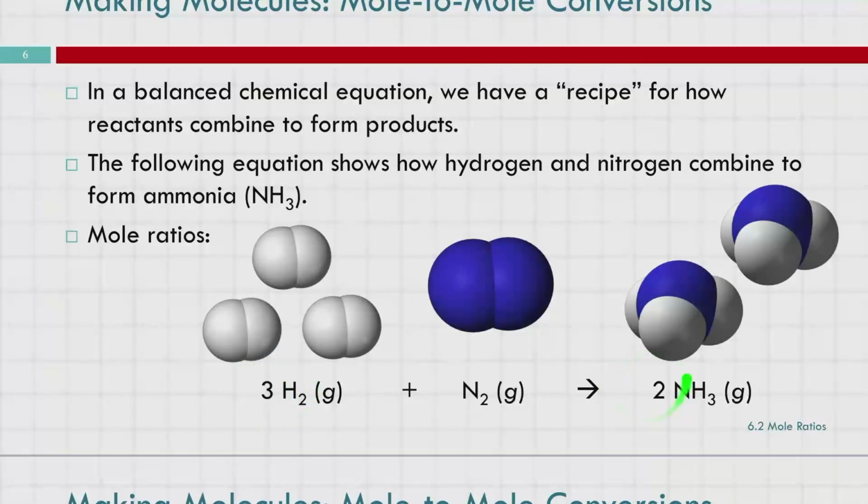Our clue is that we've got coefficients. Generally speaking, if there are numbers in front of the chemicals, it's already balanced. If there are coefficients, safe to assume it's balanced.